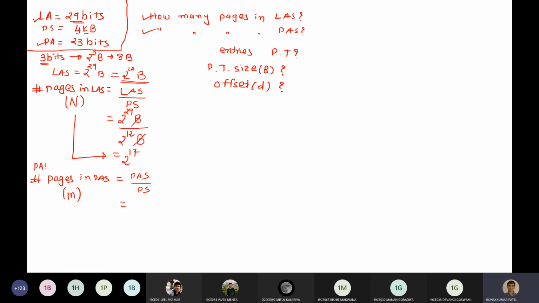Same way I can write like this, that is 2 raised to 23 bytes, means 2 raised to PA bytes. So what is PAS? 2 raised to 23 bytes divided by page size, which we have written as 2 raised to 12.